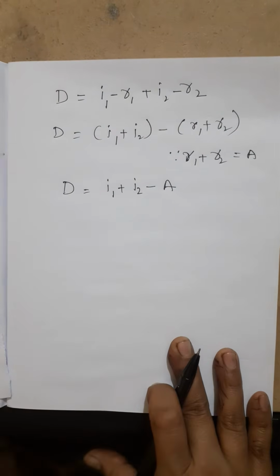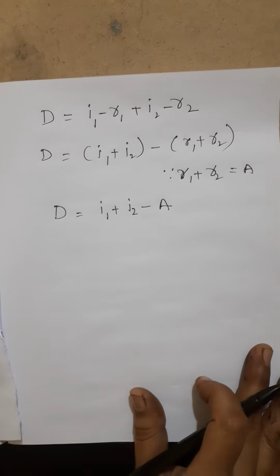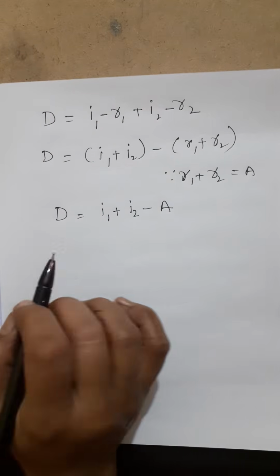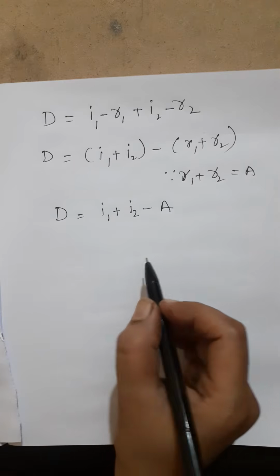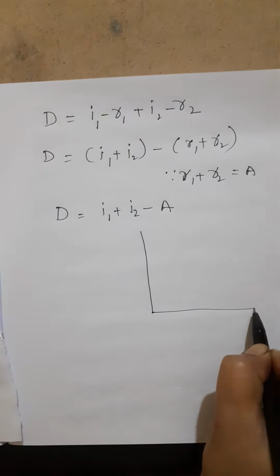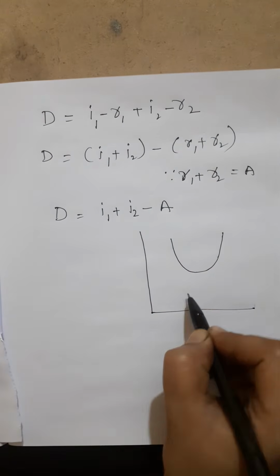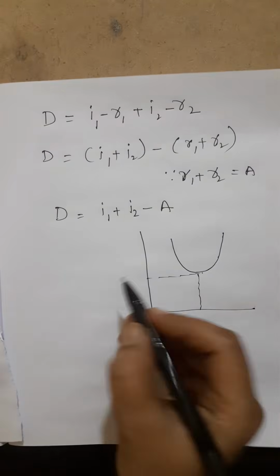Okay, so now I am going to explain the minimum deviation position a little bit. It is experimentally found that as the angle of incidence increases, the angle of deviation decreases. In your practicals you might have done this to calculate the minimum deviation.